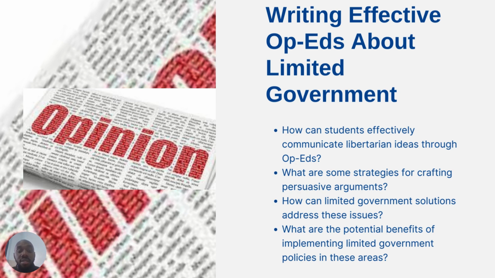And while you address them with facts, offer solutions. You need to propose practical solutions or policy recommendations grounded in limited government principles. You need to highlight how these solutions can address the underlying causes of the issue and offer tangible benefits to society, while you use clear and concise language.